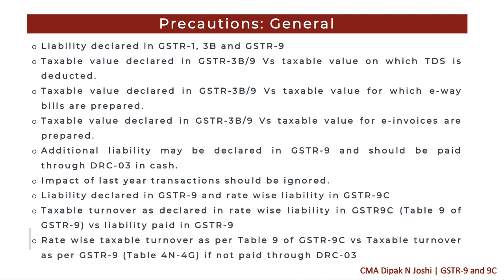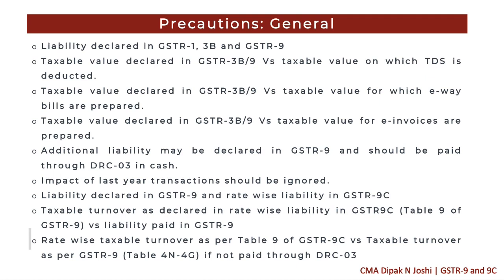But I'm not considering those things in GSTR 9 or in GSTR 3B, and that is why there will be a difference between the taxable value declared in GSTR 3B and the taxable value declared on the e-way bill portal. And that is why, before filing GSTR 9C for financial year 22-23, one should immediately prepare a reconciliation statement between GSTR 3B and e-way bill.